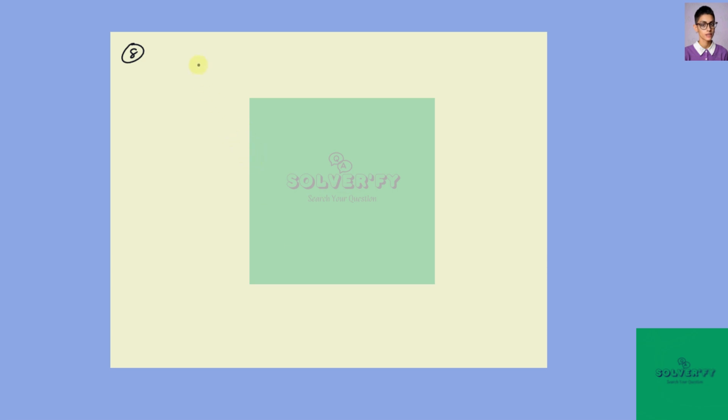Another question is, if parents who are heterozygous for D antigen will have what likelihood of producing an Rh negative child?